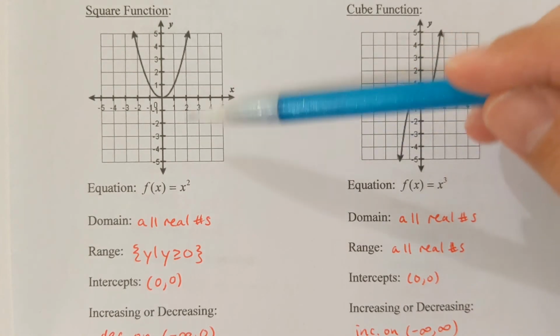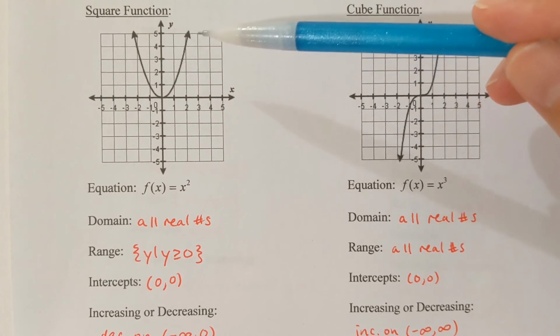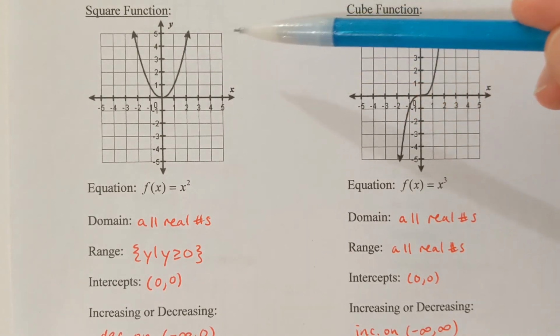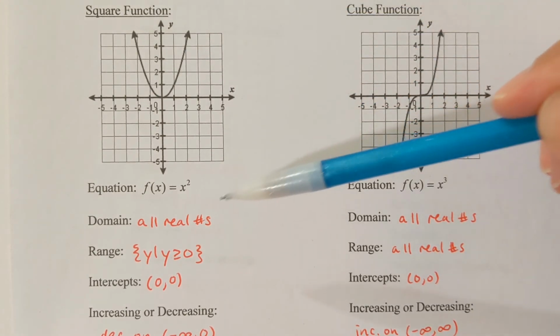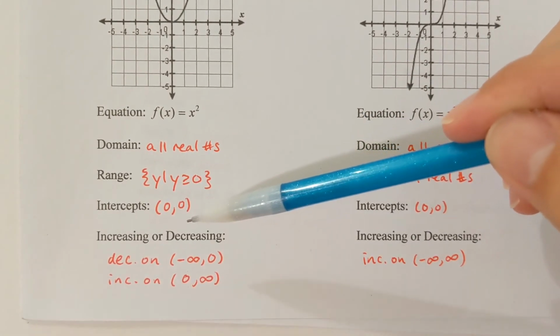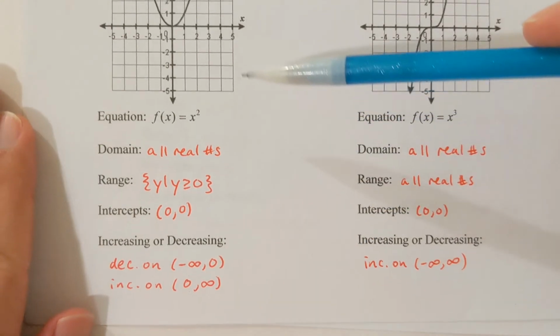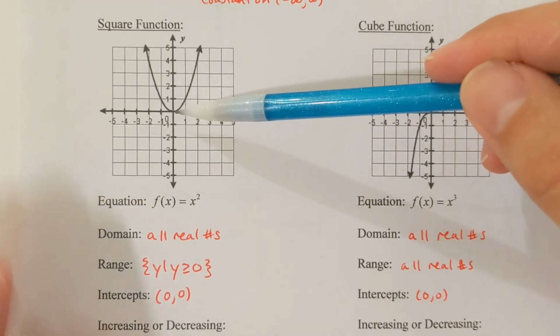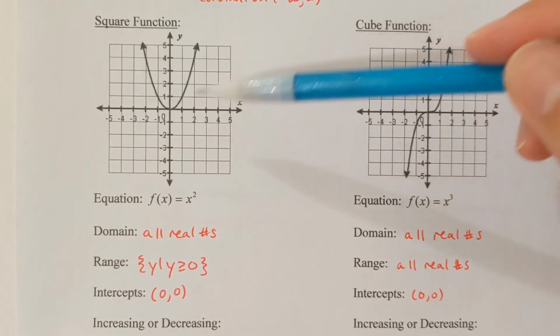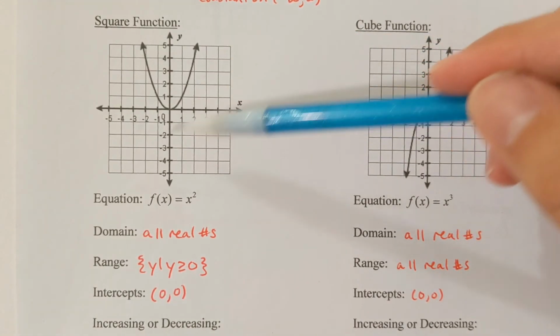I can draw a vertical line anywhere. Okay, the curve goes outward in both directions. The intercept is at (0, 0). You're increasing on 0 to infinity because from 0 to infinity, if I draw a tangent line there, it's going to have a positive slope.